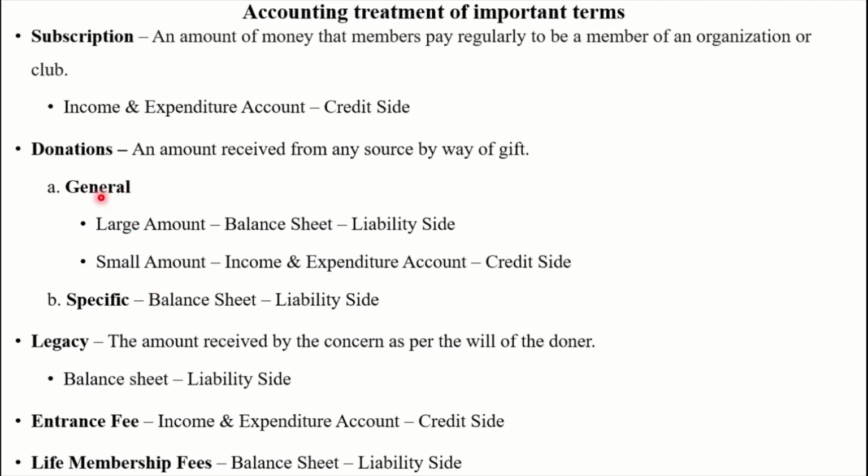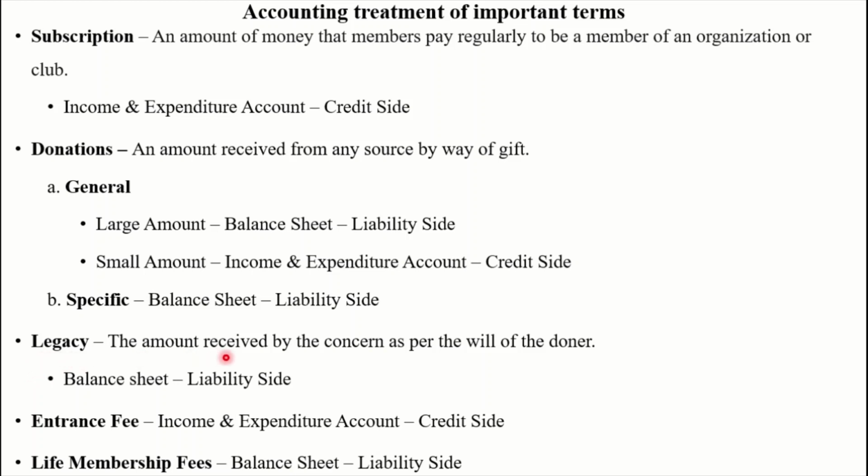In general, if the donation is large, we record it on the liability side of the balance sheet. If it is of small amount, we treat it as income and record it on the credit side of the income and expenditure account. And a donation for a specific purpose we record on the liability side of the balance sheet.